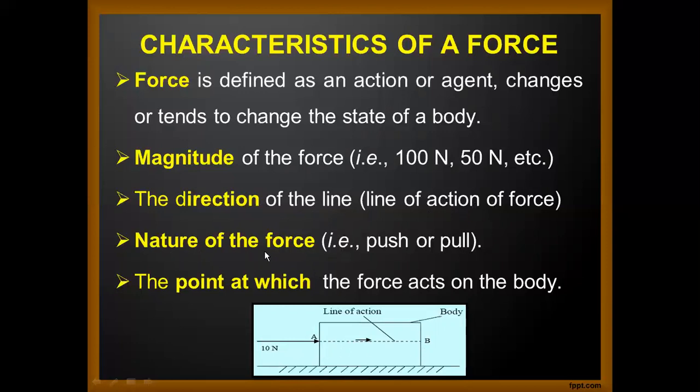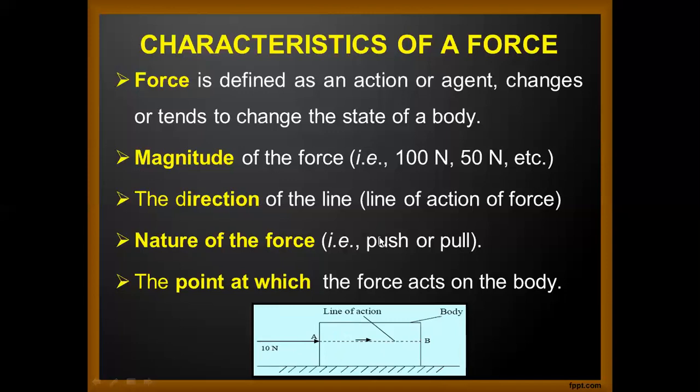And the third one is the nature of force. Either it is a push or a pull, which means there are basically two types: the tensile force and the compressive force. For example, if you see here, I'm applying a 10 Newton load on a block. In the same way, if I apply another force of the same 10 Newton, and both the forces are acting towards the body, then it is called a compressive force.